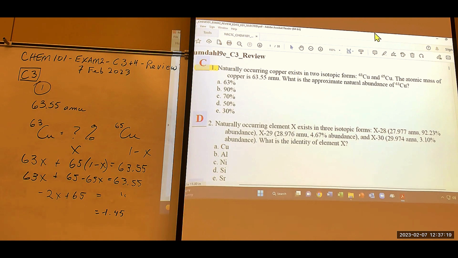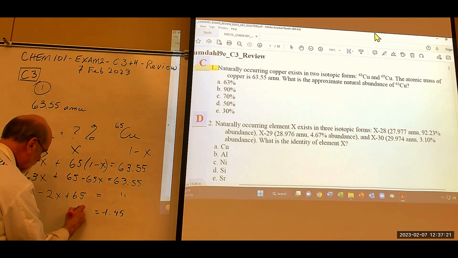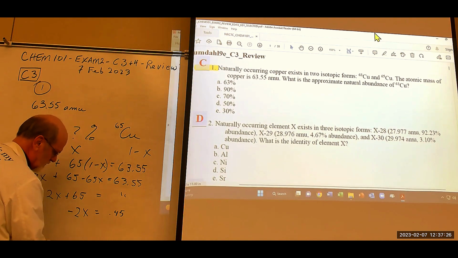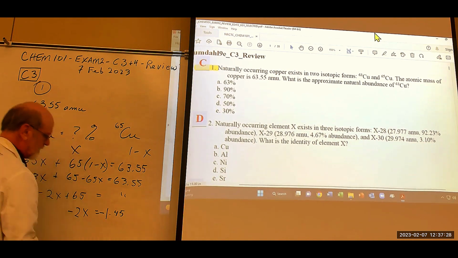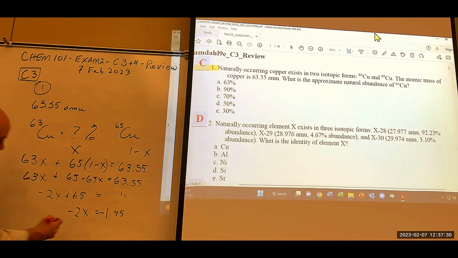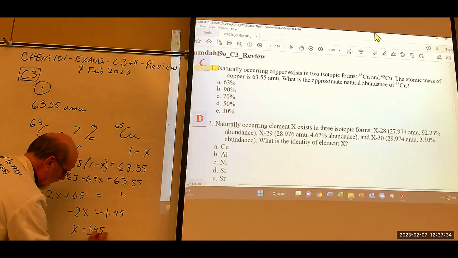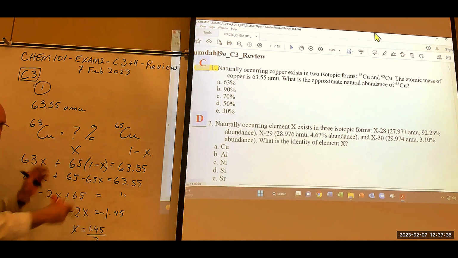I think so. And this would be equal to minus 2x. That's a negative one. Okay, so x would be equal to 1.45 divided by 2. And since they're both negative, they cancel. It's a positive number.